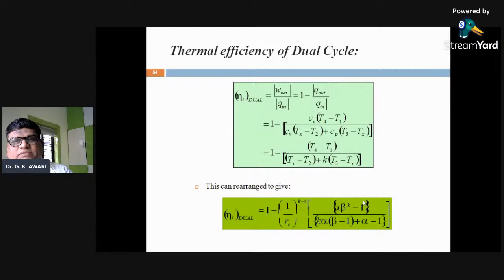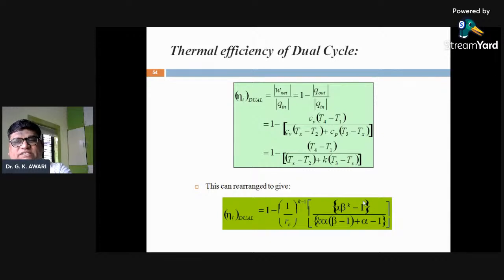So 1 minus Cv (T4 minus T1) divided by Cv (Tx minus T2) plus Cp (T3 minus Tx). Therefore, the thermal efficiency of a dual cycle is equal to 1 minus (T4 minus T1) divided by (Tx minus T2) plus K (T3 minus Tx).